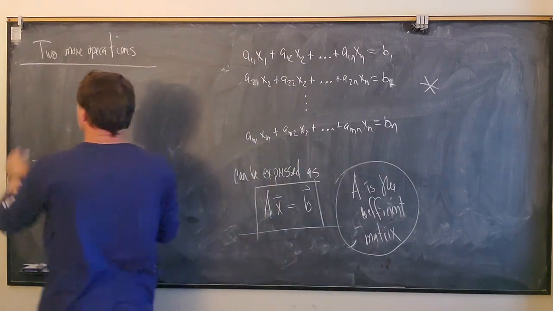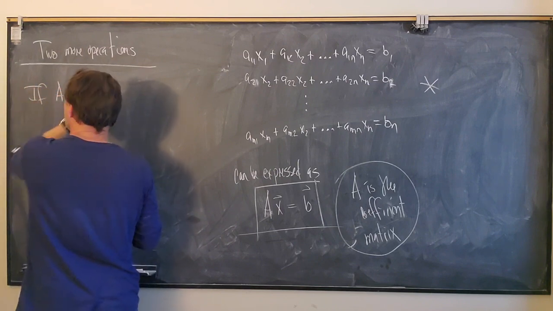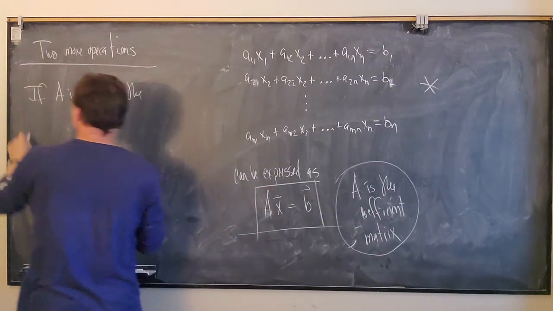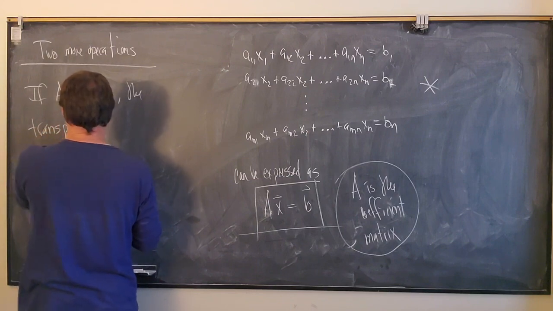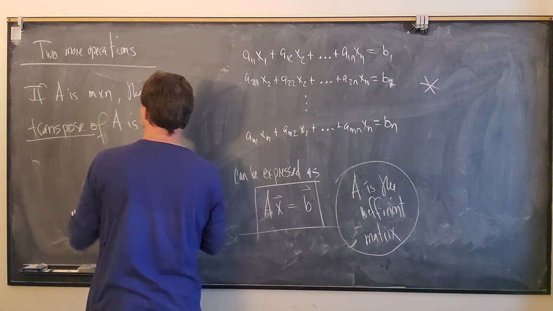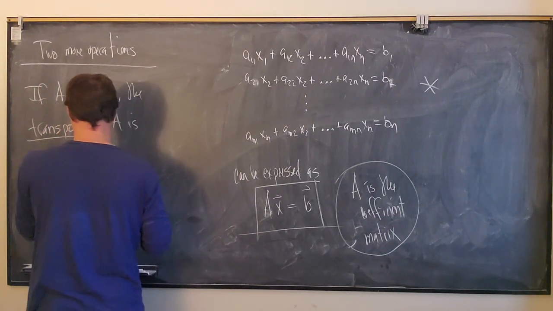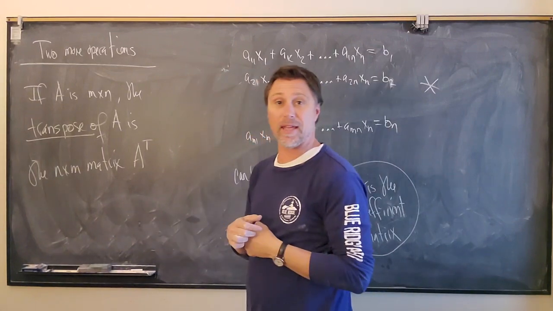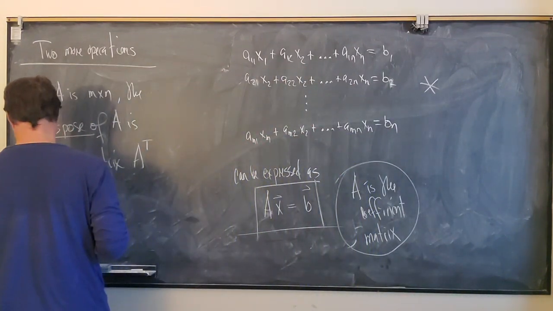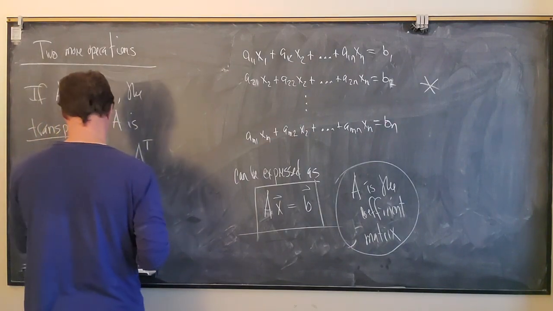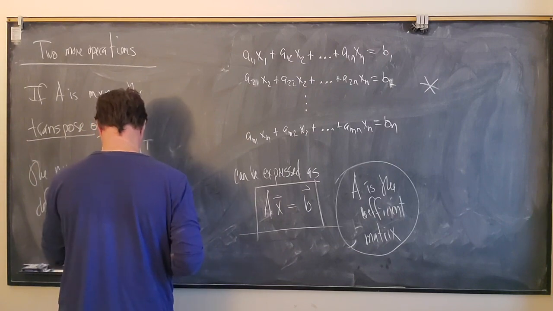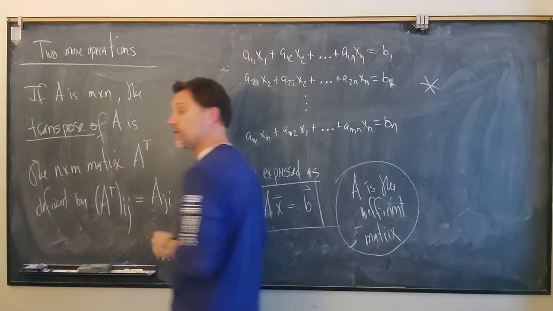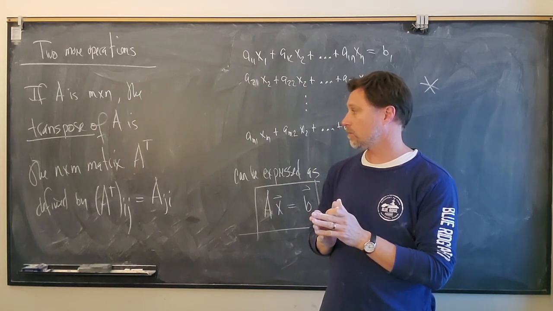The first one: if A is m by n, the transpose of A is the n by m matrix, which is usually indicated capital A sub T, defined by the ijth entry of the transpose is the jith entry of the original matrix.